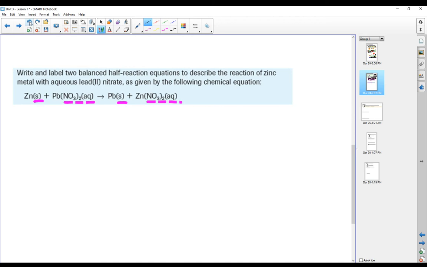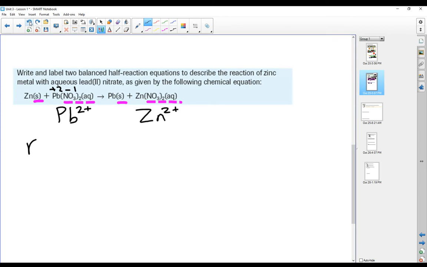My zinc is solid, but my lead, we know nitrate is -1. So for every one nitrate, we have to have, nitrate is -1, and we have 2 of them there, then this means that lead has to be +2. So I have lead 2+, and over here I have zinc 2+.